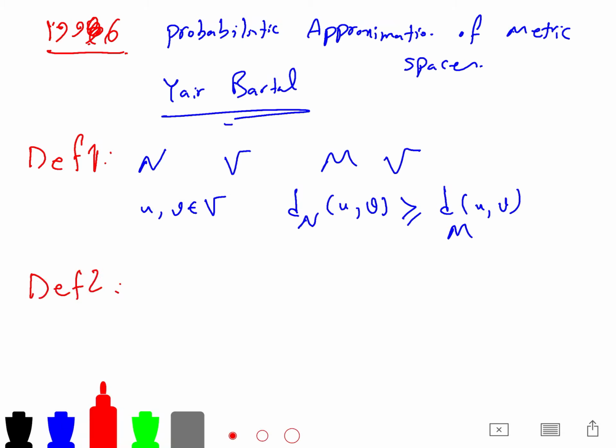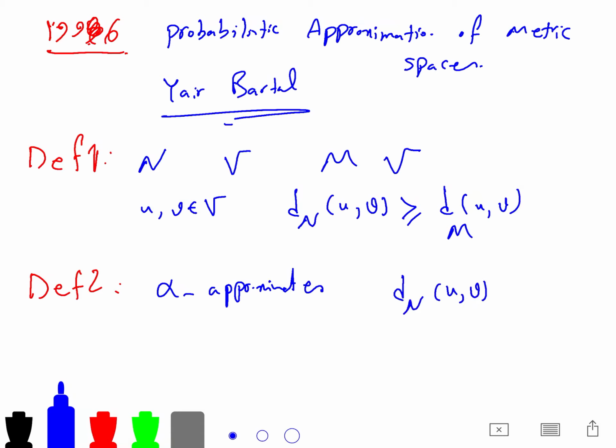Definition 2 says that a metric space N alpha-approximates a metric space M if the distance between u and v is bounded by alpha times the distance between u and v. So the idea is that you approximate it. The alpha approximation, we approximate by a tree.